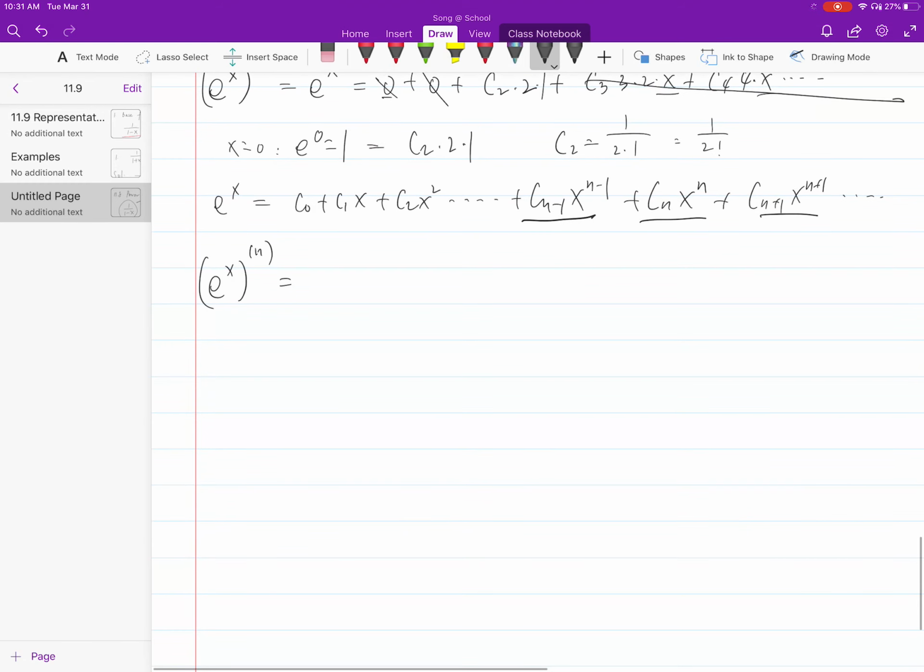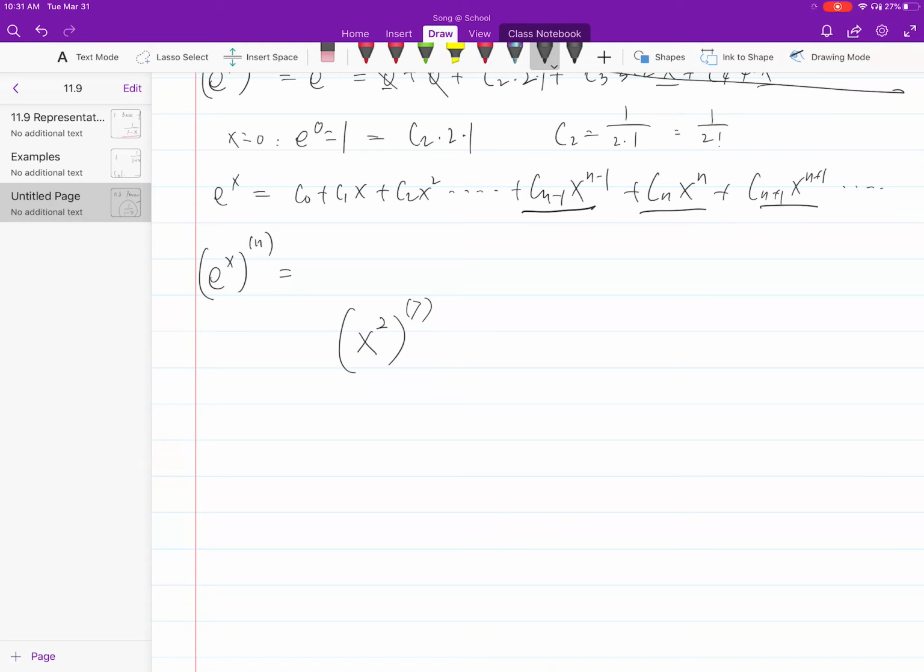What's going to happen? Well, think about it. If you take x to the 7 and take the derivative 7 times, what's going to happen? If it's x squared, you take the derivative 3 times, it becomes 0. If it's x to the 6, you take the derivative 7 times, it becomes 0. So if you take the derivative n times, everything up to x to the n minus 1 will become 0.